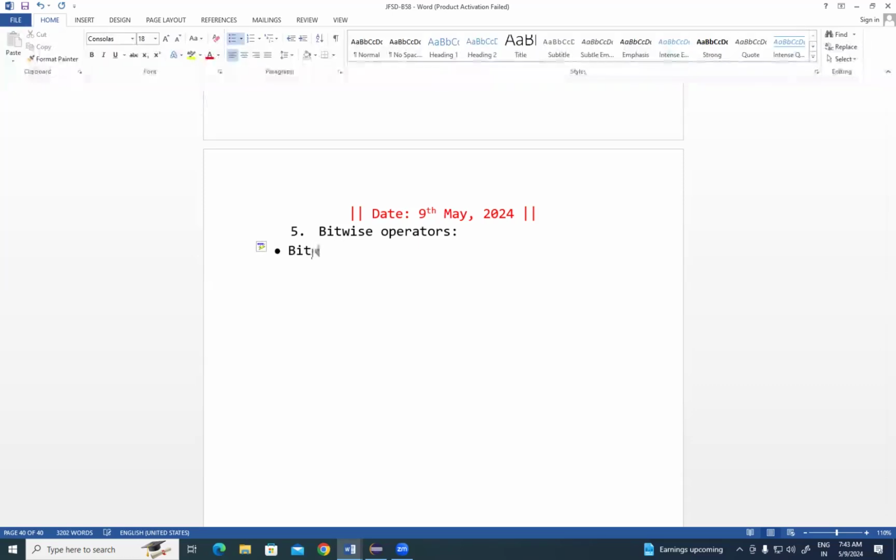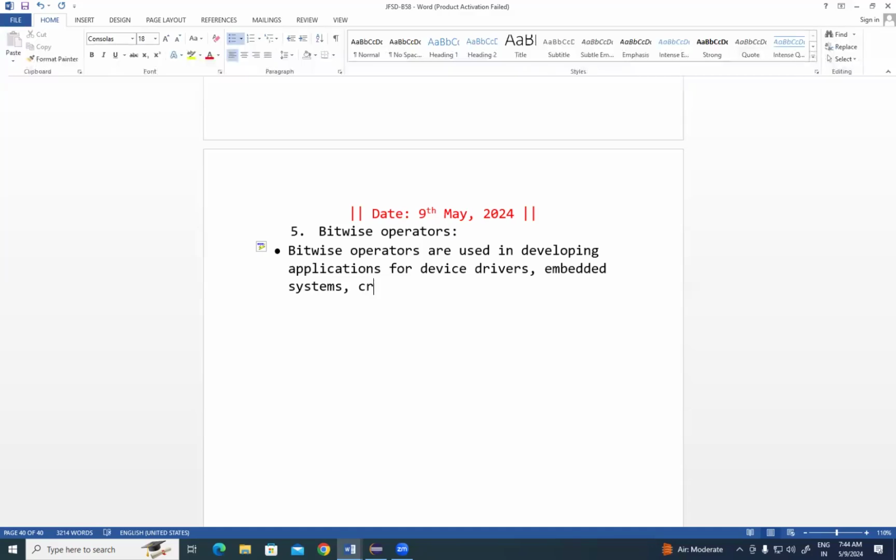Bitwise operators are used in developing applications for device drivers, or embedded systems, or cryptography, etc., etc.